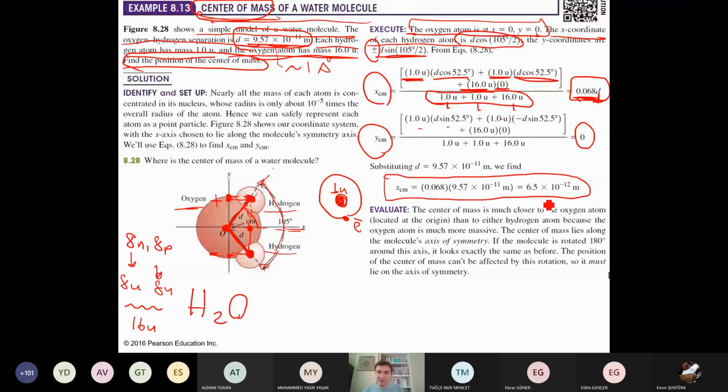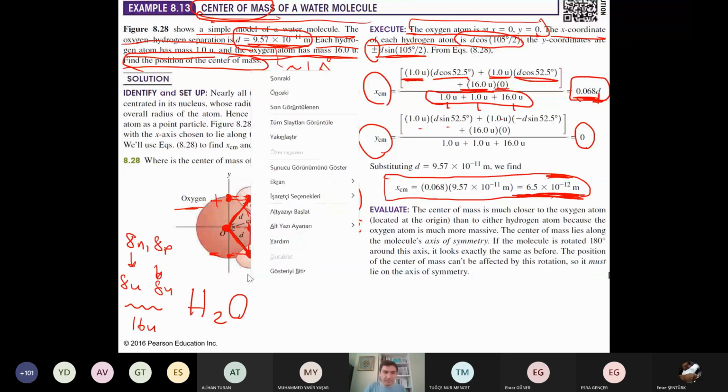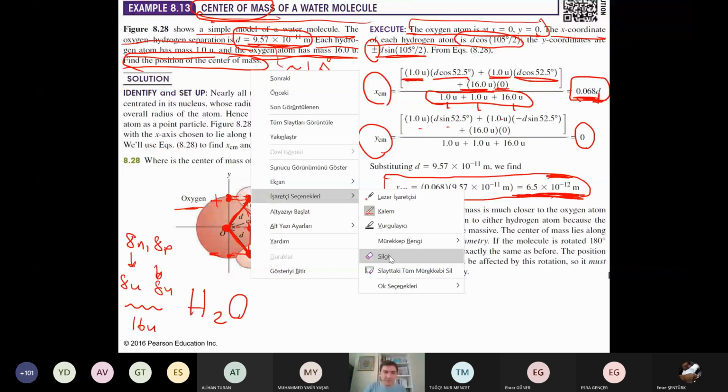What do you see? This is a very small number, 10 to the power of minus 12. Then look at this one. Let me clean this picture and you will see it better. Look at this picture.